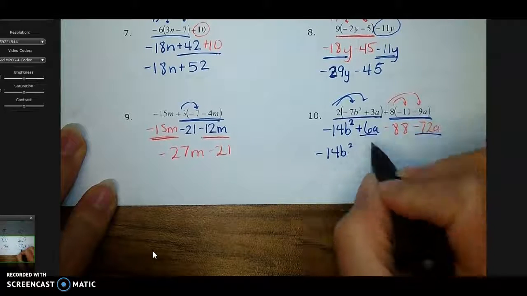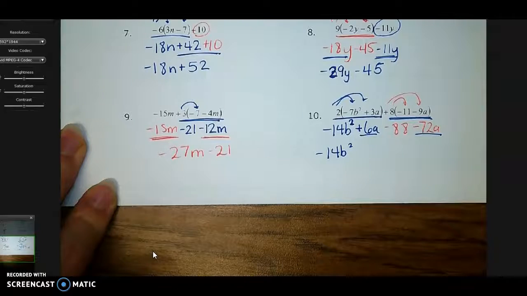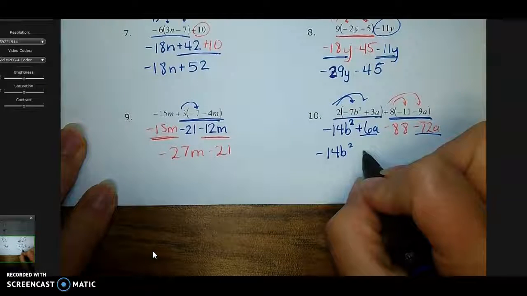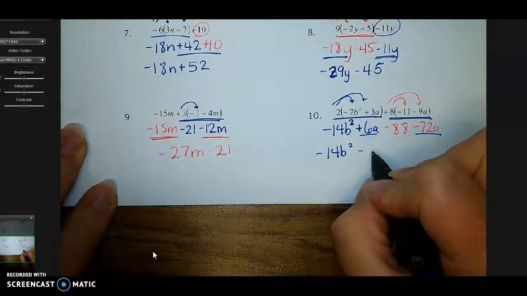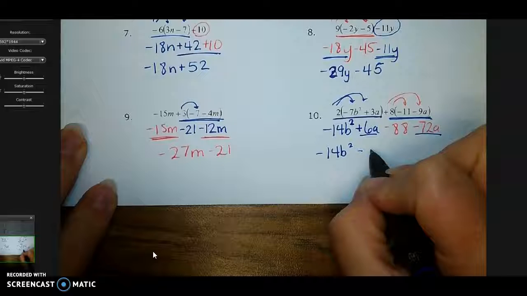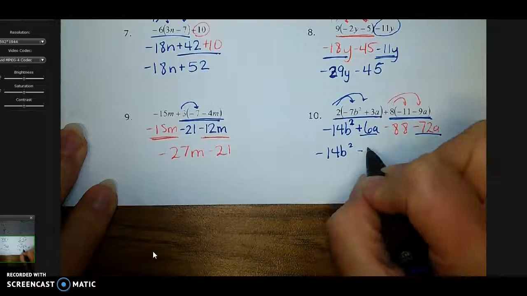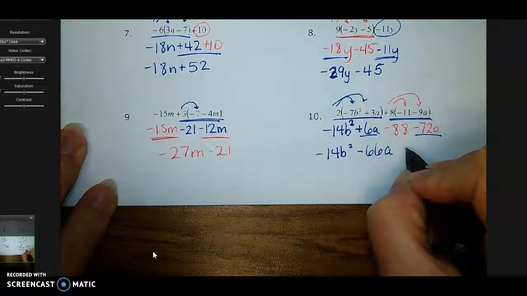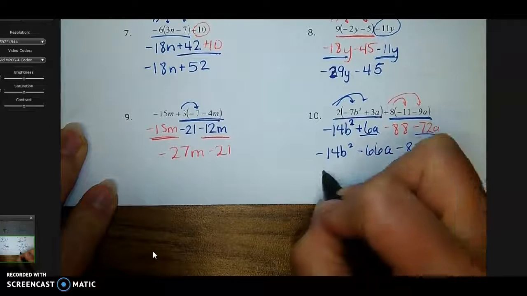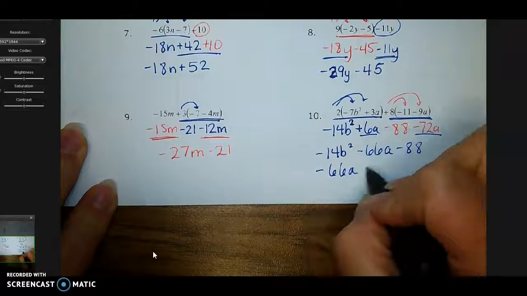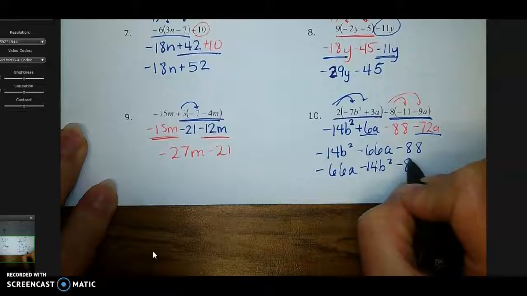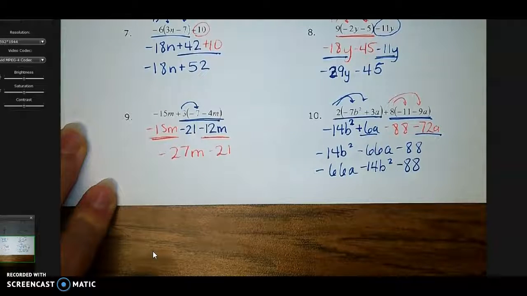Now you could say that because of the b being squared, it's going to go first. But typically, we want to go alphabetically to get that answer.